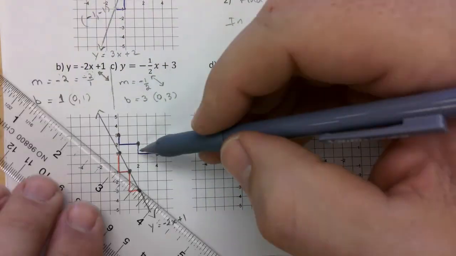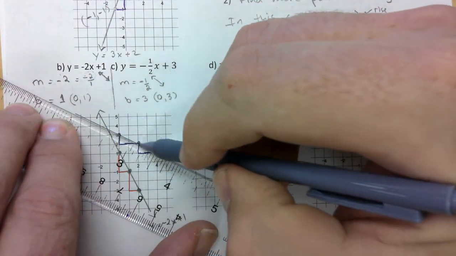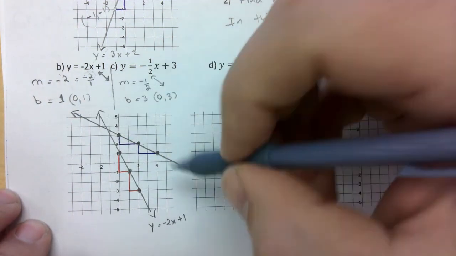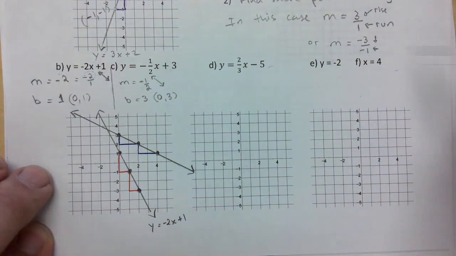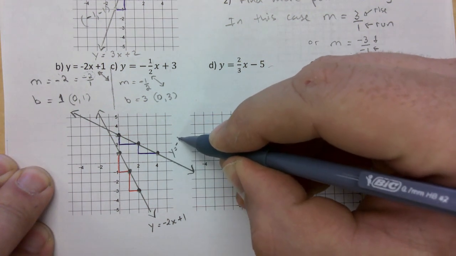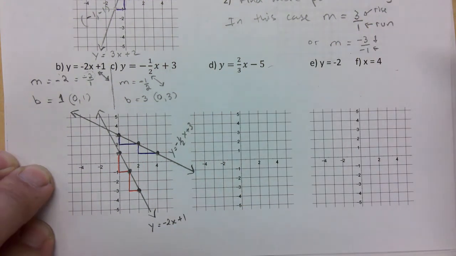And then connect the dots. And I'm going to label it right here. Y is equal to negative 1 over 2x plus 3.